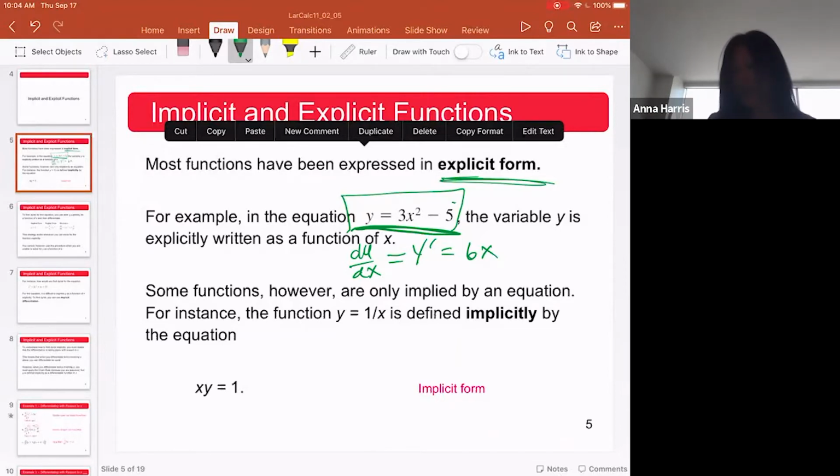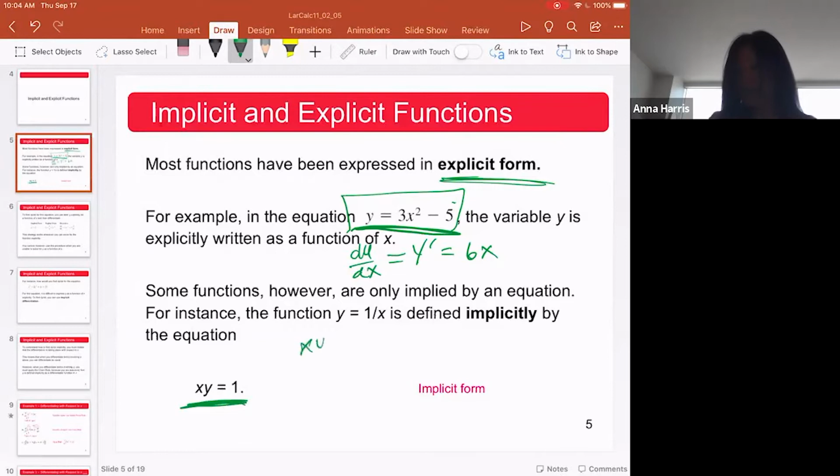Now looking at this problem, I can rewrite it as x divided by x squared, and you get 1 over x, so y equal to 1 over x. This kind of form we call implicit form. The implicit form I can rewrite as explicit form.